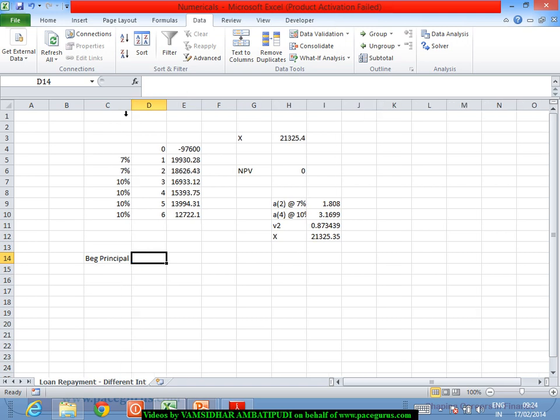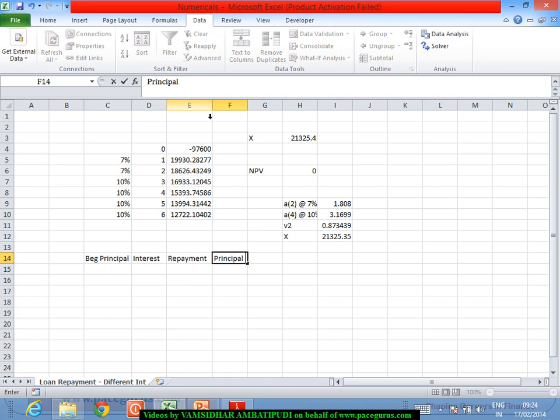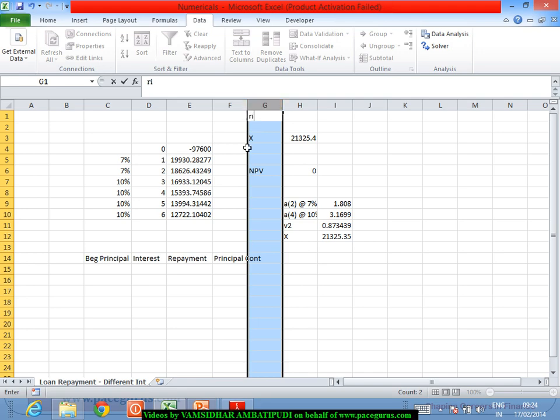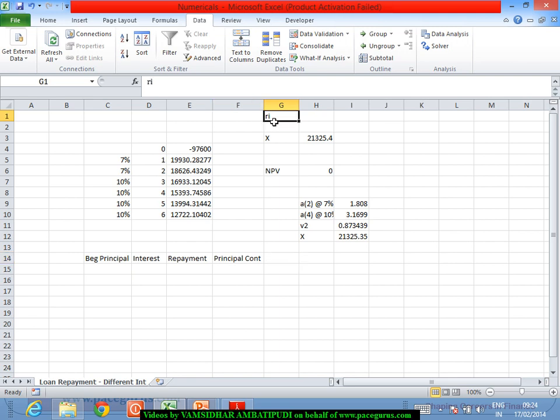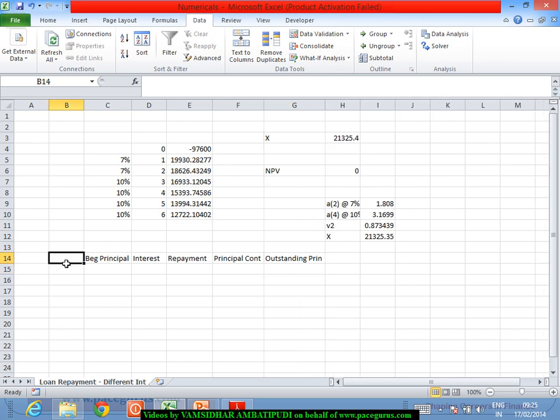So beginning of the period principal, the interest for the period, the repayment amount, the principal contribution, and then the outstanding principal at the end of the period. So these are the different elements that go, and of course I can take the year.